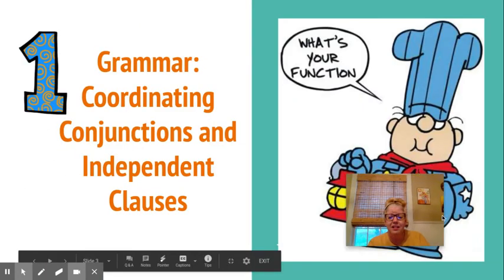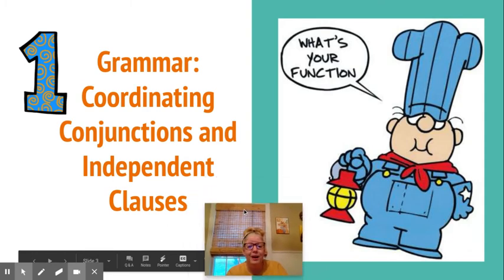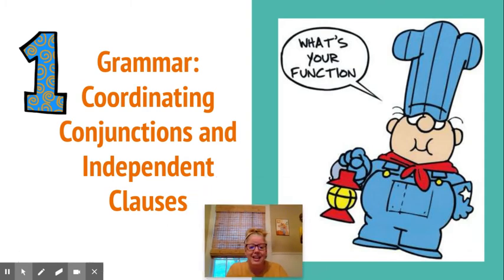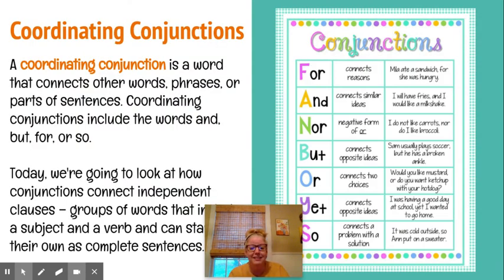So first, let's review those coordinating conjunctions and independent clauses. Remember conjunction, junction? Well, we're going back. So just to review, a coordinating conjunction is a word that connects other words or phrases or parts of sentences, which are called clauses.